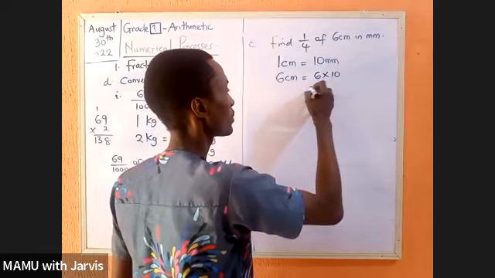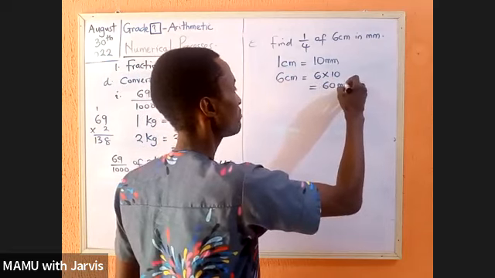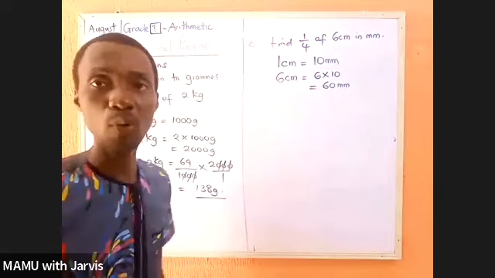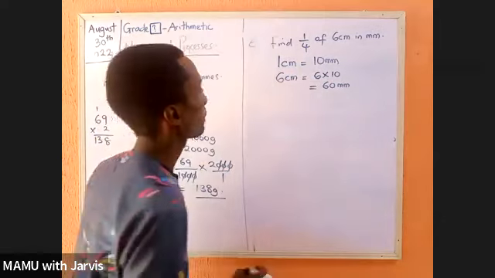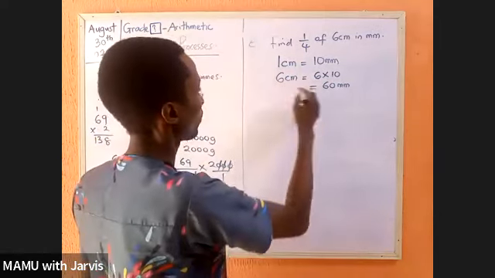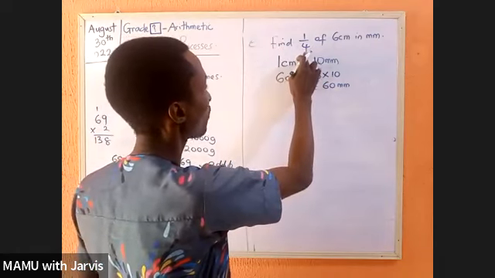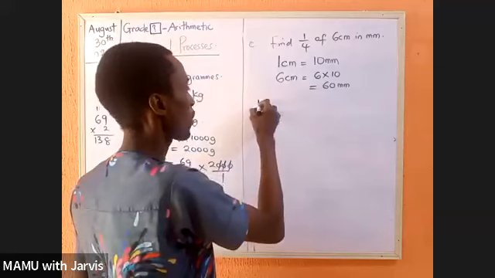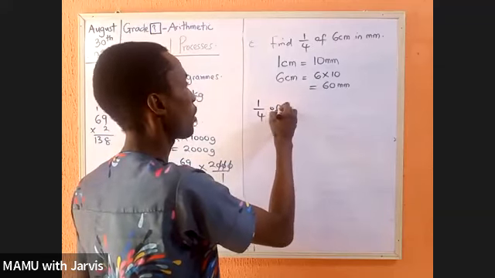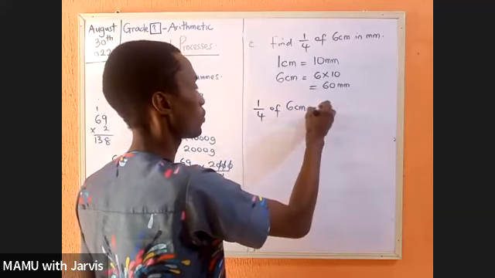And that will give me 60 millimeters. Okay. Now, so find 1/4 of 6 cm. That will mean that what? 1/4 of 6 cm will be equal to what?